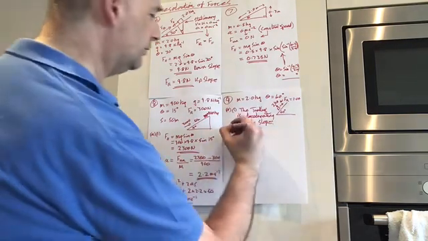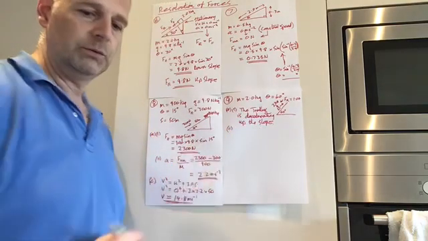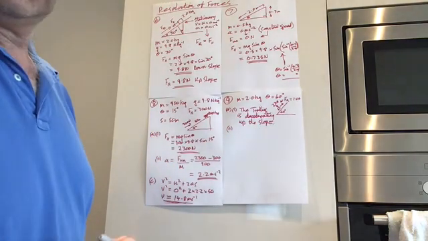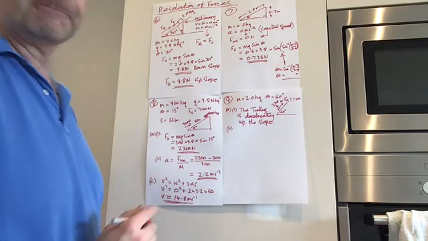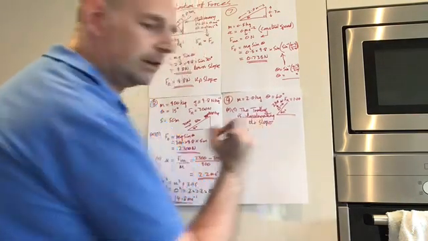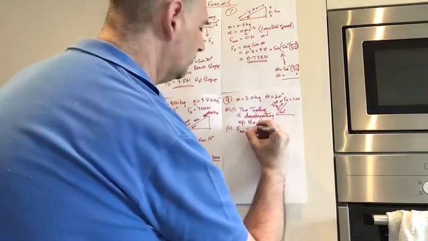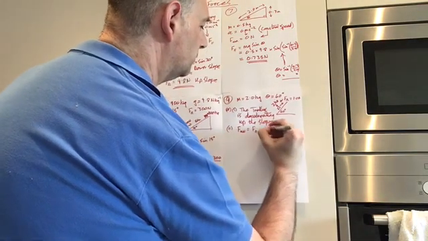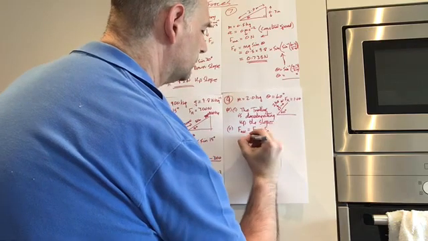So, A part 2. We are working out the unbalanced force. And that's going to be the component of the weight parallel to the slope plus the friction force.